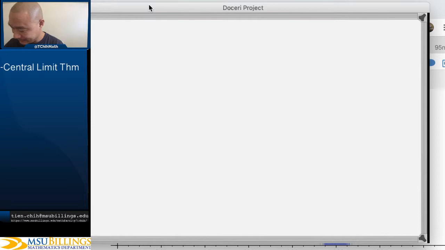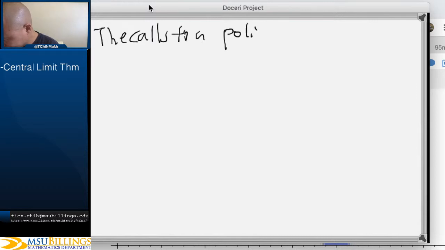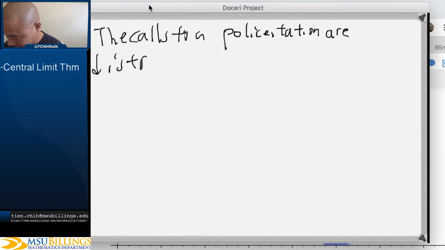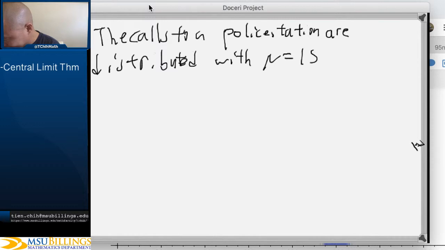So let's just say the calls to a police station are distributed with mu equals, let's say, 18, sigma equals 5.